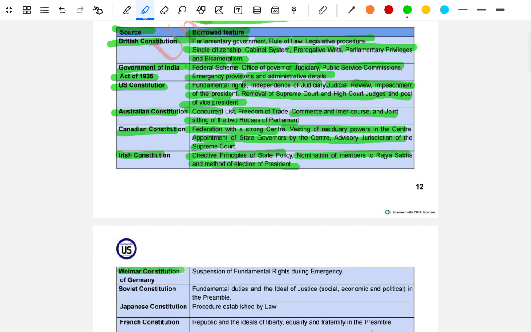Weimar Constitution of Germany: suspension of fundamental rights during an emergency. Soviet Constitution: fundamental duties and the ideas of justice, social, economic and political, in the preamble. The Japanese Constitution: procedure established by law.